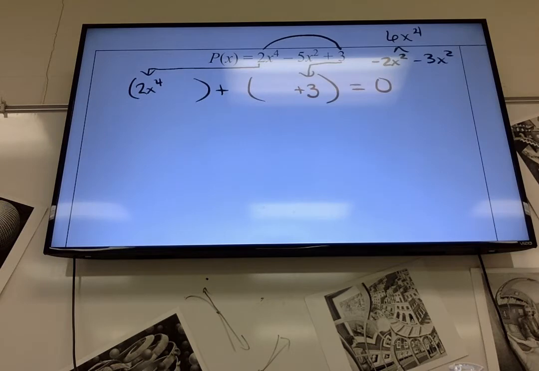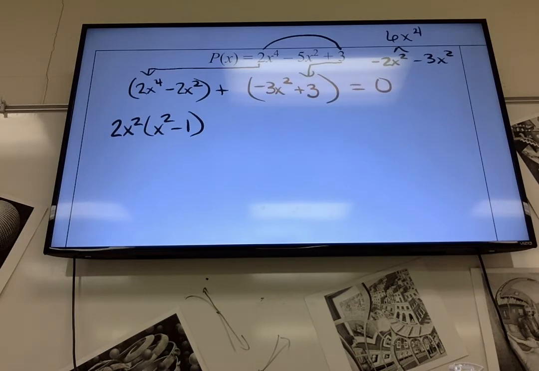Okay, let's double check it. -2 times -3 is +6, and -2 plus -3 is -5. Good. So -2x squared minus 3x squared. Factor out a 2x squared, leaving us with x squared minus 1.